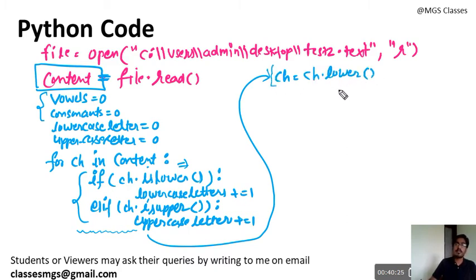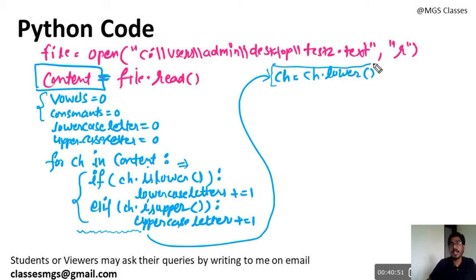To check whether it is a consonant or vowel, the case of the letter does not matter. But if you convert here, then this condition will never be false, because you are already converting into lowercase, so it will never be uppercase. Always write this line after this, otherwise your program will be wrong.